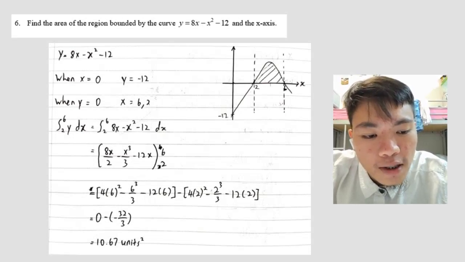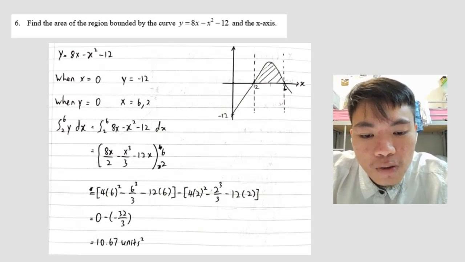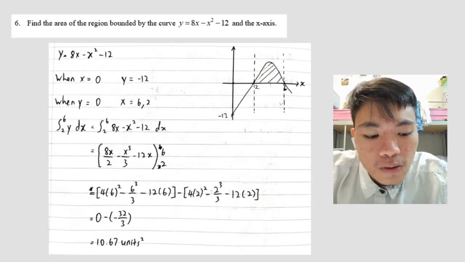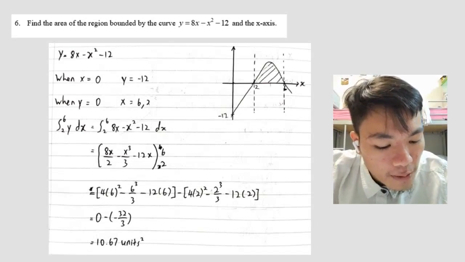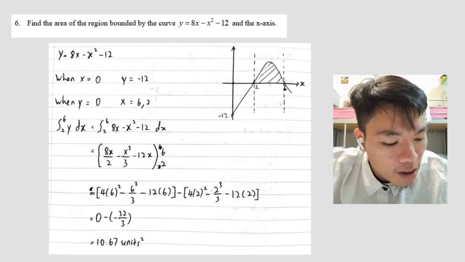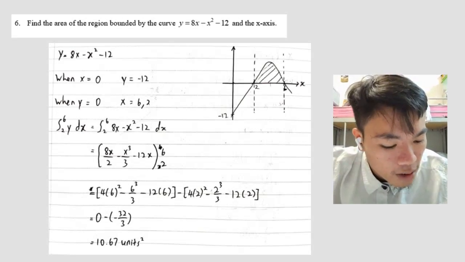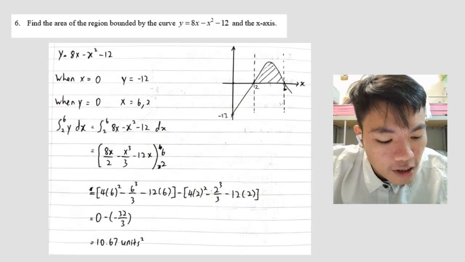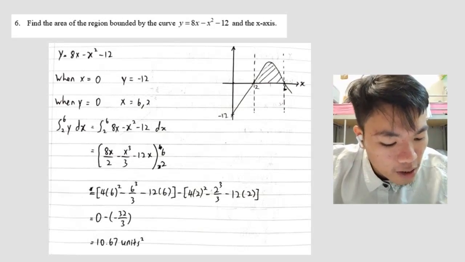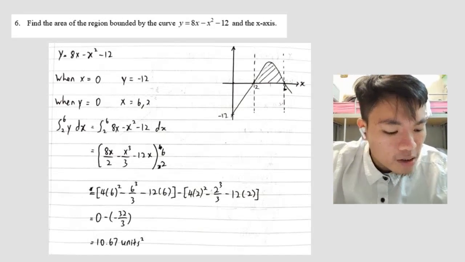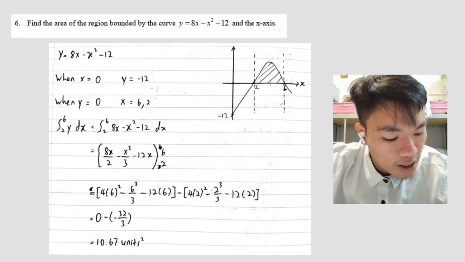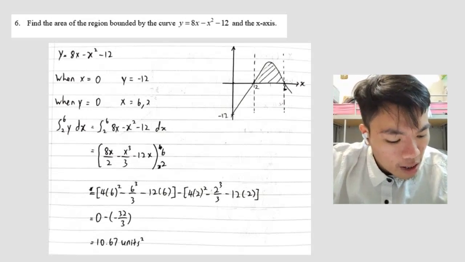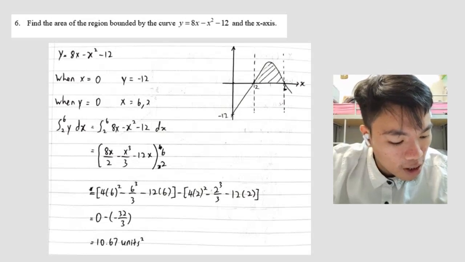Then we solve y equals 0 to get the x values, which are 6 and 2. Then we plot the graph, and we know that the region bounded by the curve is from 2 to 6. We do the integration with limits 2 to 6, then substitute the values, and we get the answer 10.67 unit squared.